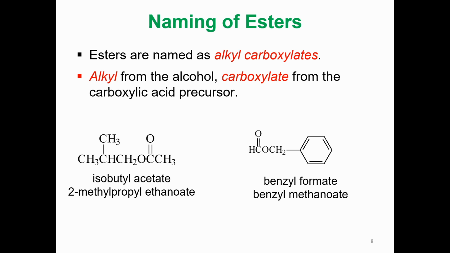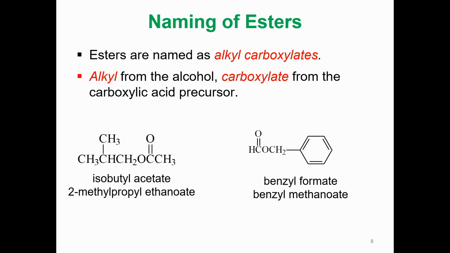So in this case, the carboxylate is our ethanoic acid, while the alcohol aspect is the one that is going to have the isobutyl. And the isobutyl is also known as 2-methylpropyl. So that's why we'll talk about 2-methylpropyl ethanoate.